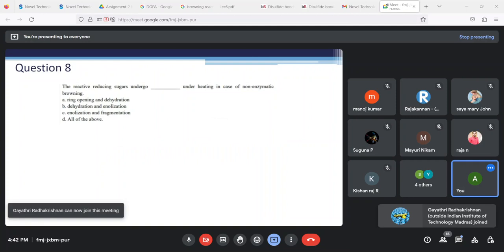Moving to question 8. The reactive reducing sugars undergo which of these following reactions under heating in case of non-enzymatic browning? A. Ring opening and dehydration, B. Dehydration and enolization, C. Enolization and fragmentation, D. All of the above.